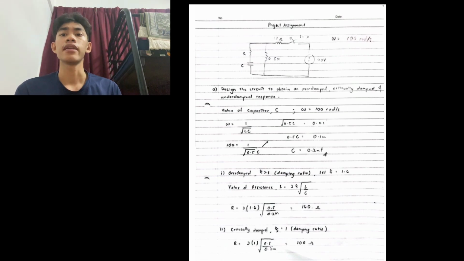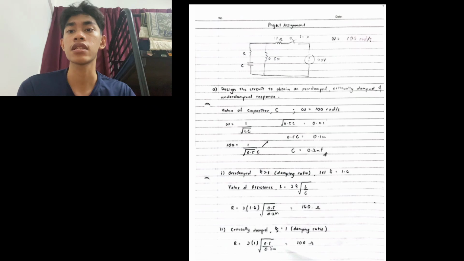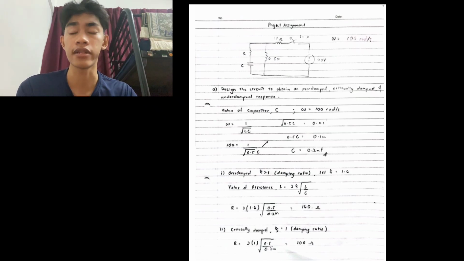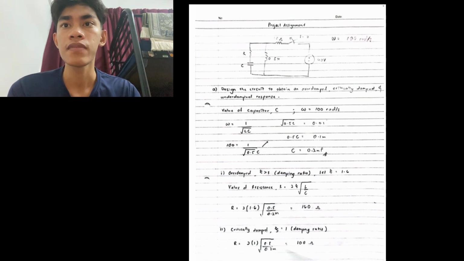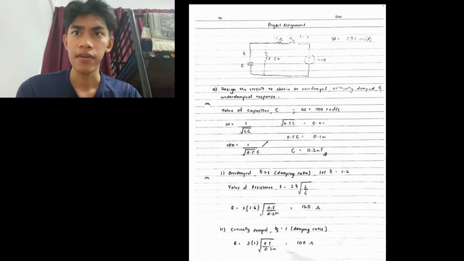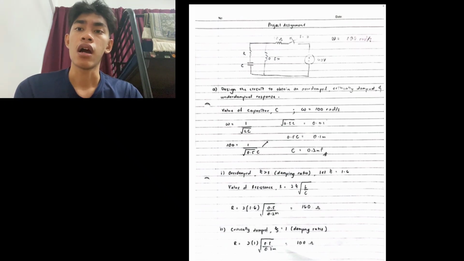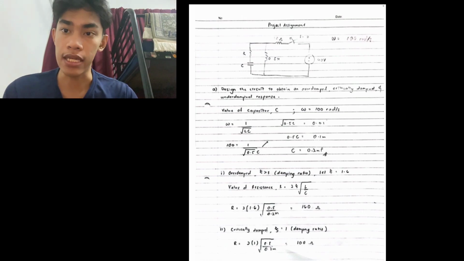Then after we find the value of the capacitance, we need to find the value of each resistance according to the overdamped, critically damped and underdamped response. By using the formula R equals 2 alpha times square root L over C, we find the R value for the overdamped response is 160 ohm.